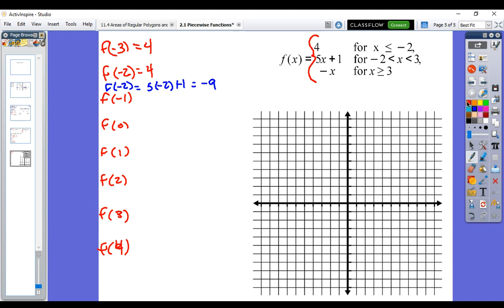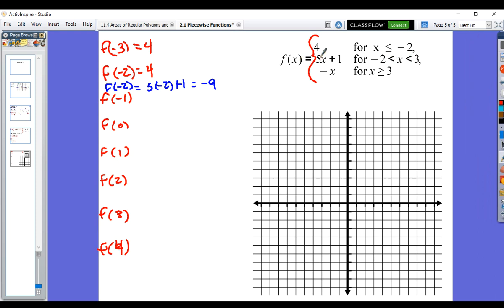But let's go ahead and continue getting our coordinates. So negative 1 is bounded between these 2, so we'll do 5 times negative 1 plus 1. That gives us negative 4. 0 is bound in there, so 5 times 0 plus 1 gives us 1. 1 is bounded between there, so 5 times 1 plus 1 gives us 6. 2 is bounded between there, so 5 times 2 plus 1 gives us 11.